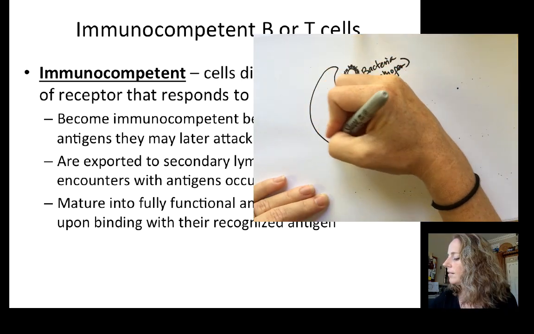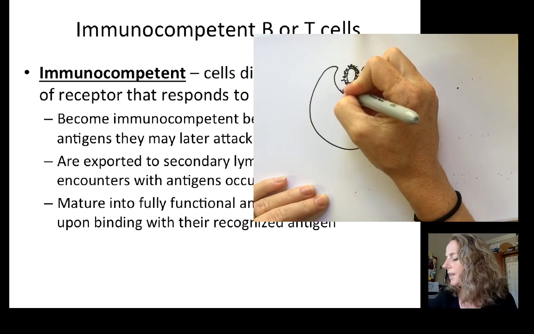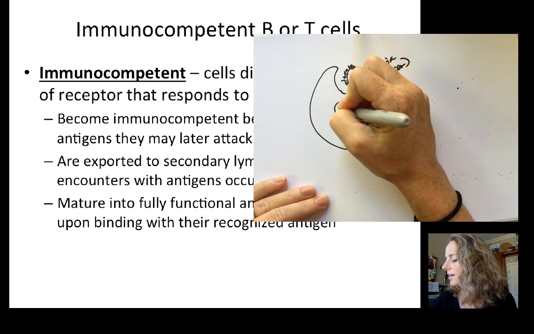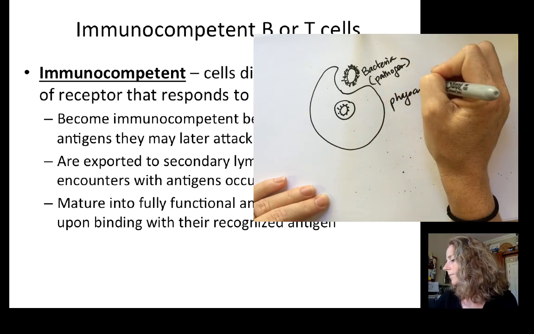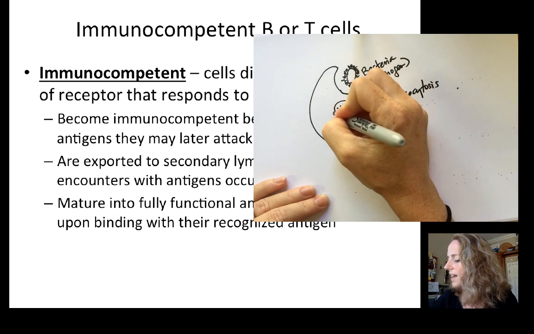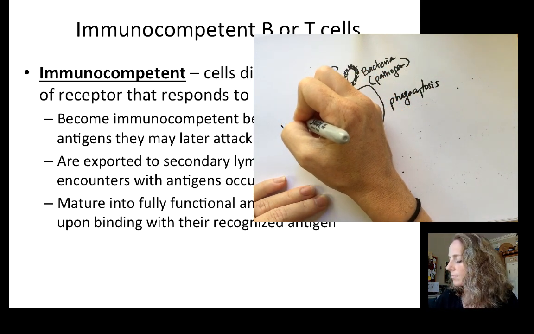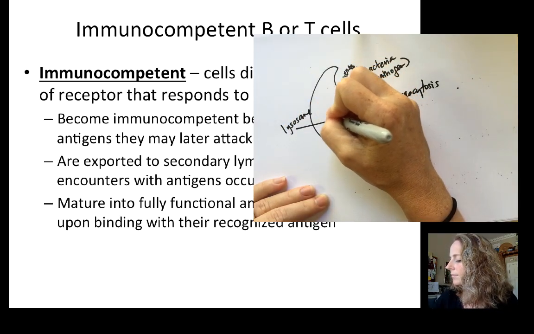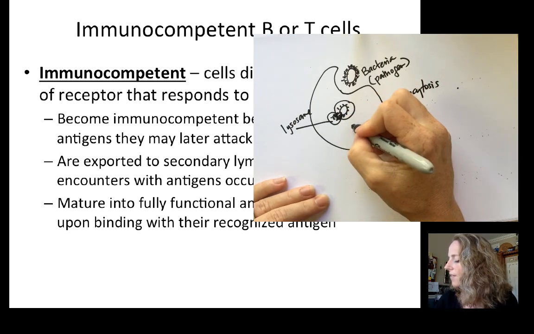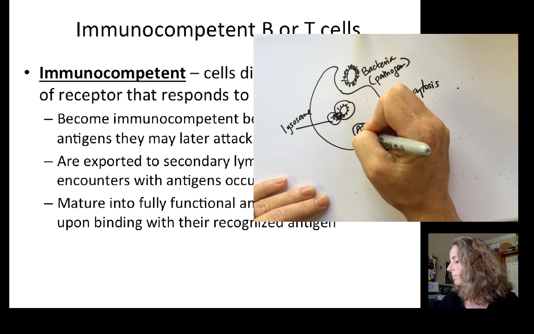When a macrophage finds a bacteria, it's going to take in the bacteria through the process of phagocytosis. When it does that and fuses with the lysosome, it's going to break down the bacteria. When it breaks down, the bacteria will now be in pieces.